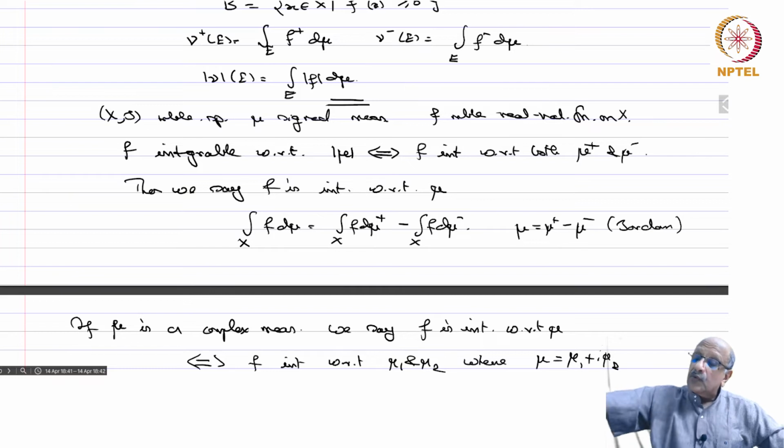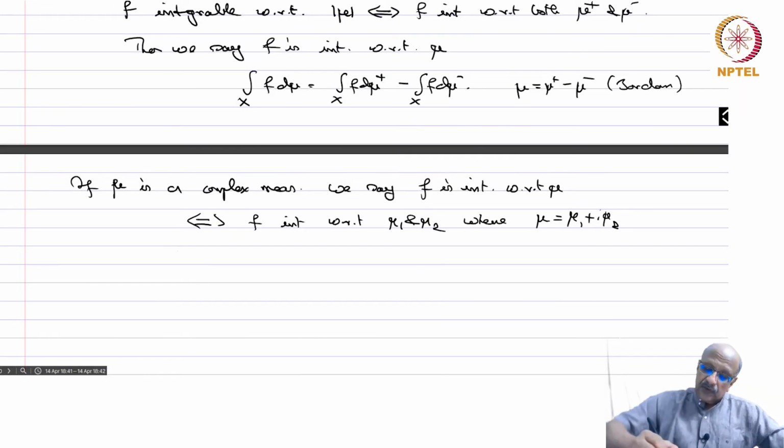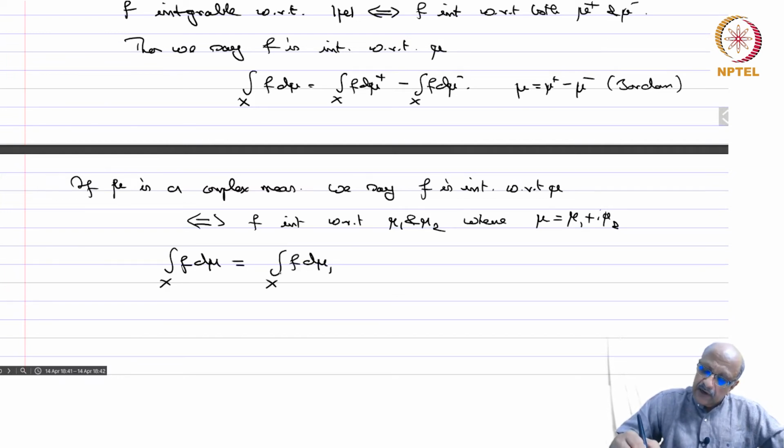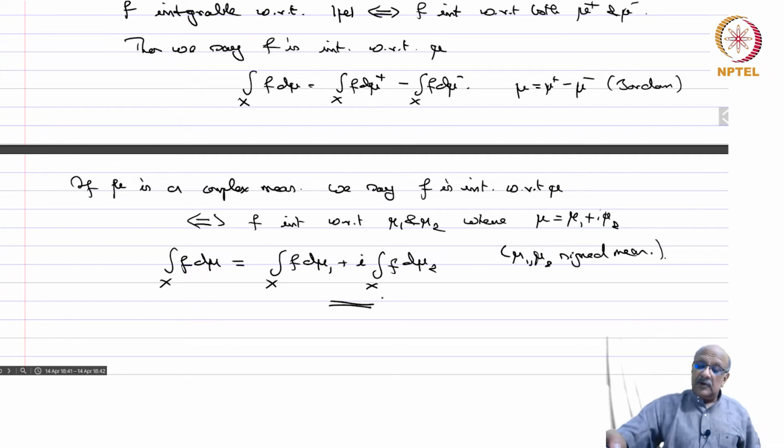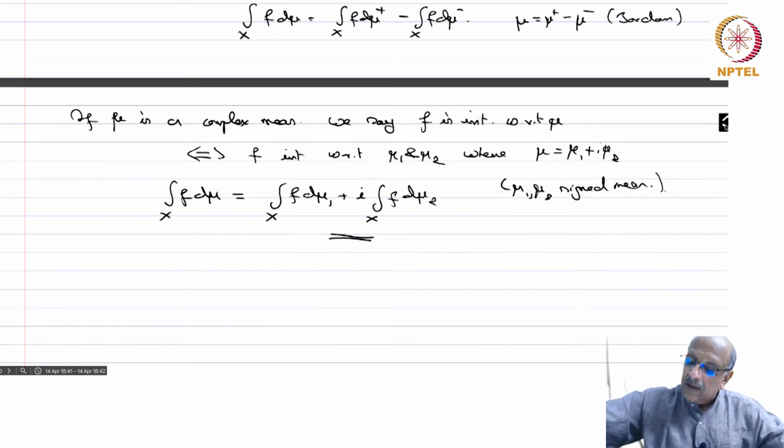Now mu1, mu2 are signed measures, and you say the integral of F d mu over X is equal to the integral of F d mu1 over X plus i times the integral of F d mu2 over X. We know how to integrate with respect to a signed measure, so if it is integrable with respect to both of them, then you can define the integral. Okay, so these are about integrals.